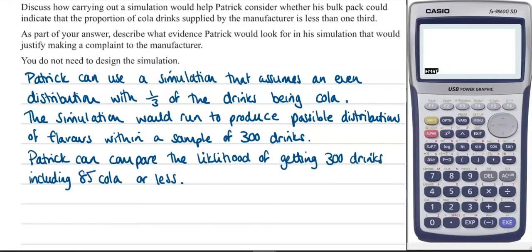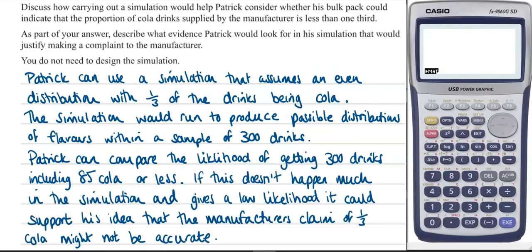Patrick can then compare within this simulation how many times he got a sample of 300 that had 85 cola or less, because if it got less, then that sort of adds towards the chances of this actually being a fairly likely thing. So then if that doesn't happen very often within the simulation, it gives a low likelihood of that particular situation happening, it could support his idea that the manufacturer's claim of 1/3 cola being in the mix might not be accurate.